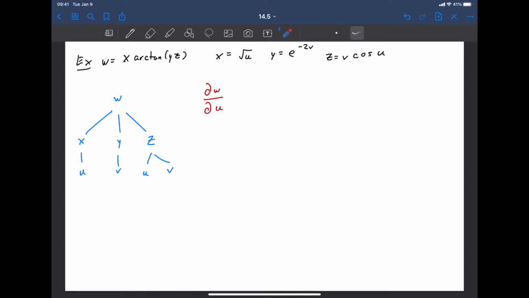For the u variable, what's going to happen? We're going to consider the contribution for this w to that u. So that's through x. So we have to go w to x, and then from x to u.